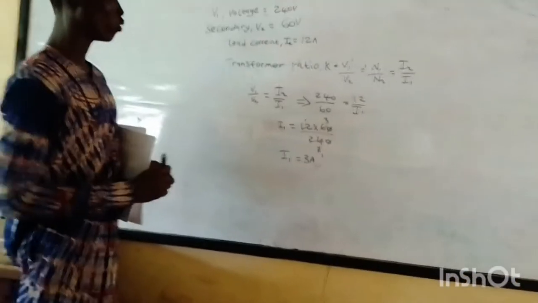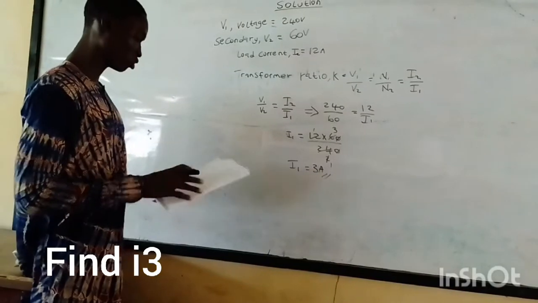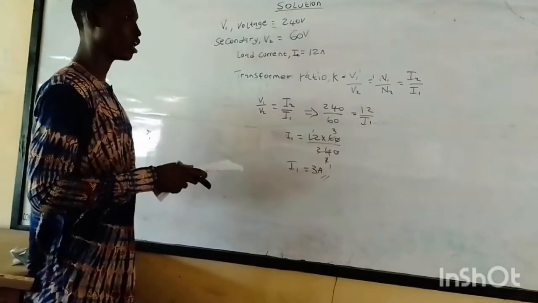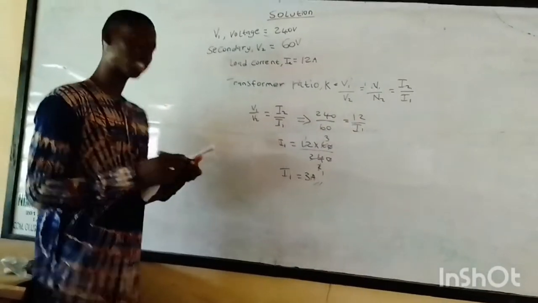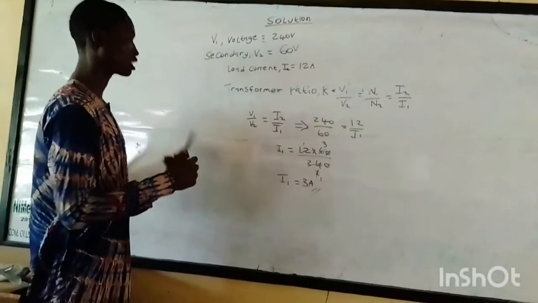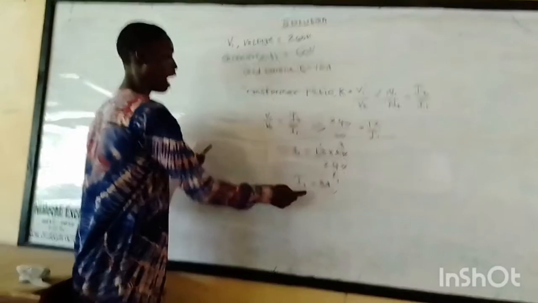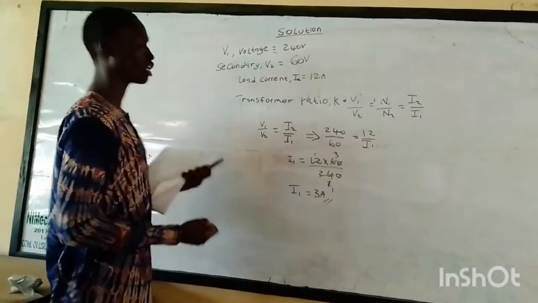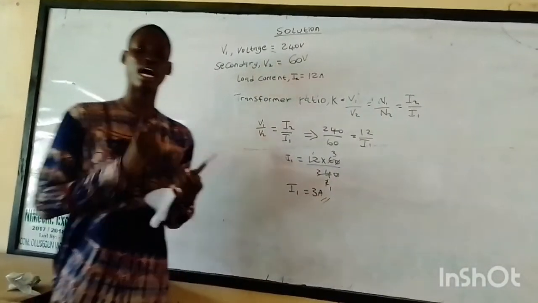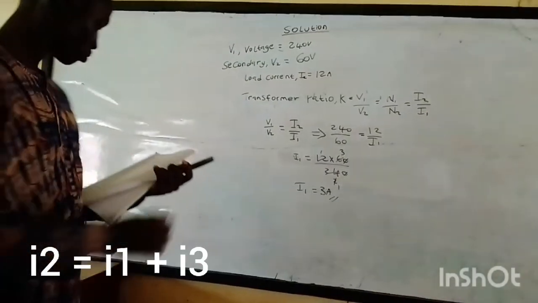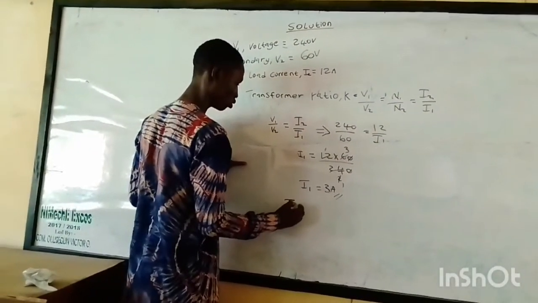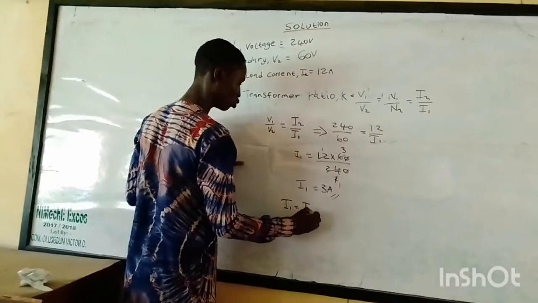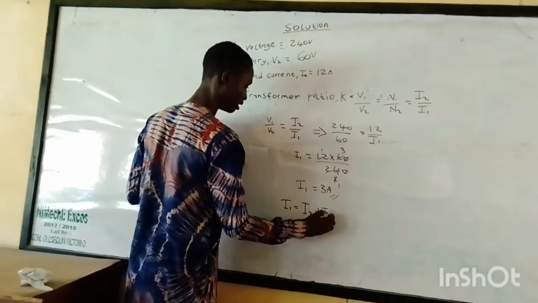Okay. So we are asked to show the direction of current. Before that, we have to look for our I3. In an autotransformer, we have I1, I2, and I3. So I1 is equal to I2 plus I3.